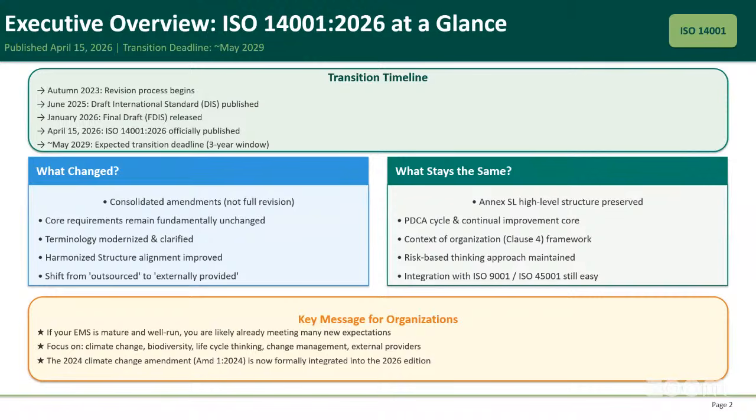Now you can see that this already existed in the 2015 version. It's not something new that is just being put in place in the 2026 version. It is essentially part of what was present in 2015, so I want us to understand that you will see the same thing in the 2026 version.